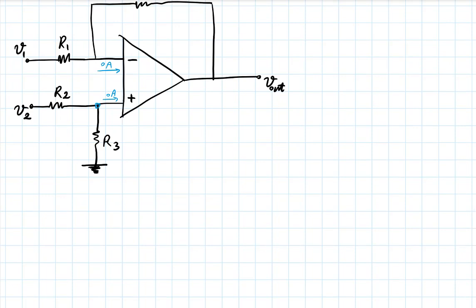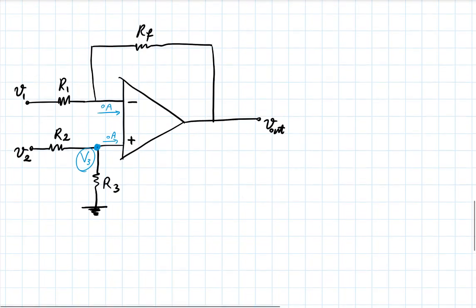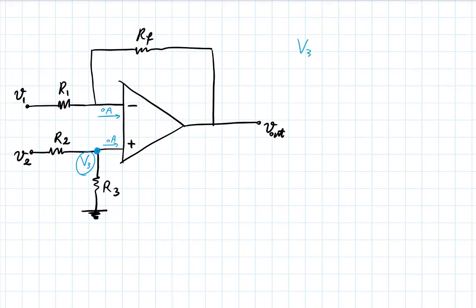This node voltage, let's call it V3. What is capital V3? Well, the current going through R2 will go also through R3. These two are effectively in series. And you have a simple voltage division there.